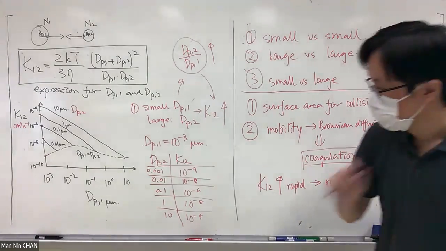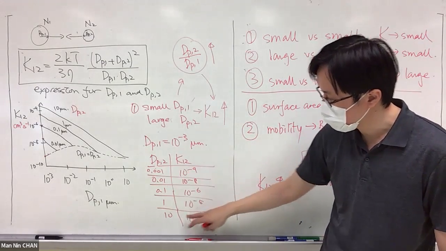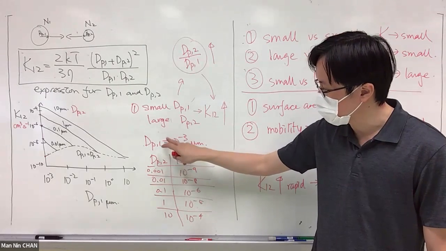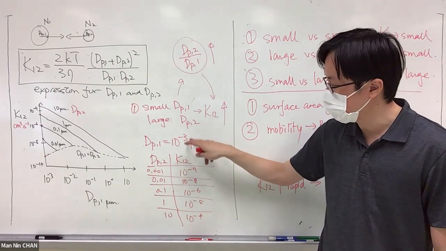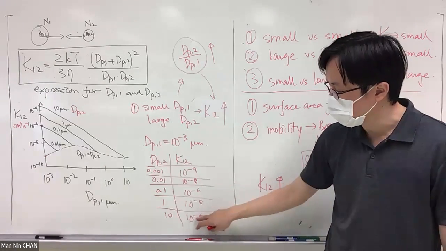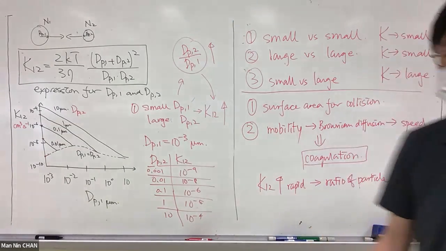So you can see, if you start from a very small particle with a small particle, it is just 10 to the power minus something. If you go to a large particle, say 10 micron, with a small particle, you can see your value become 10 to the power minus 4. So that is about 5 orders of magnitude, right?